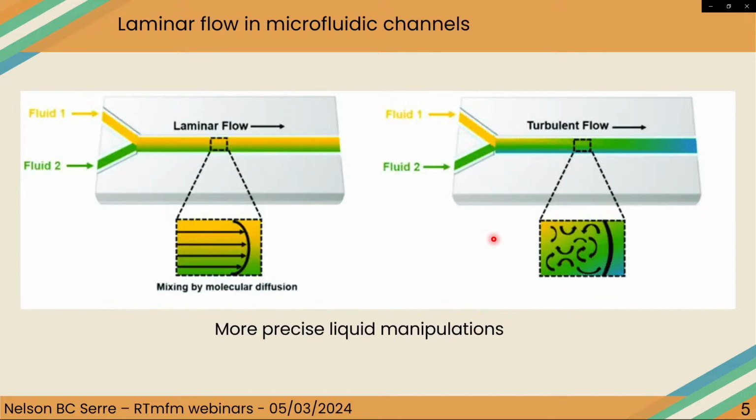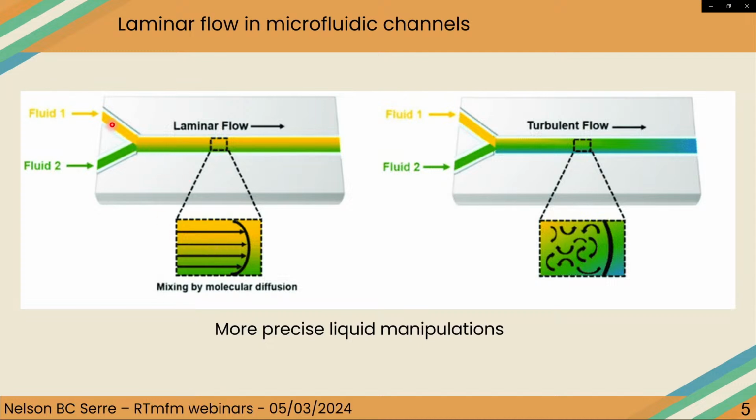And if we go back to microfluidics and a very simple microfluidic chip, you have two inputs, with a medium in yellow and a medium that is green. If you have laminar flow and they go in the same channel with the same pressure, they will not mix, they will just flow side by side. There will be a little bit of mixing by diffusion at the interface of the two media.